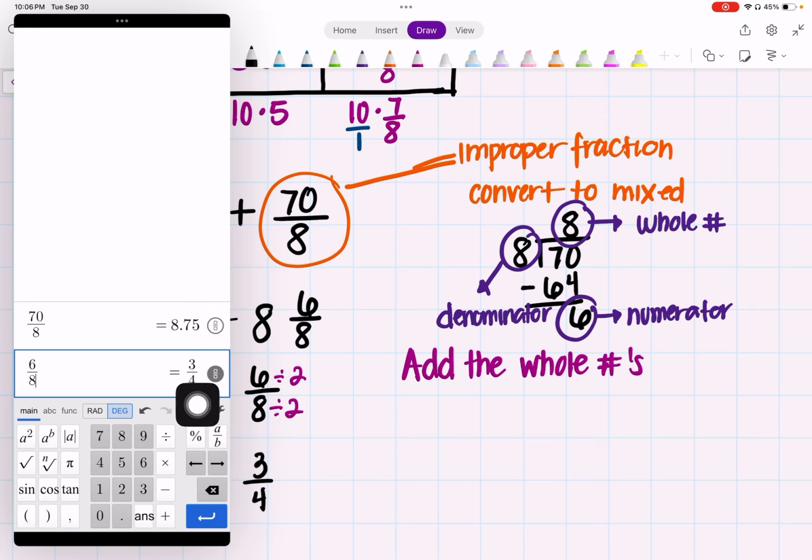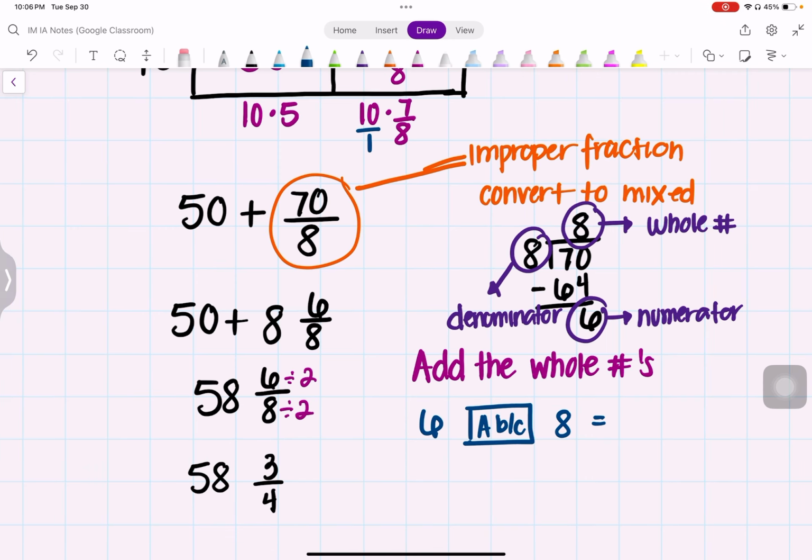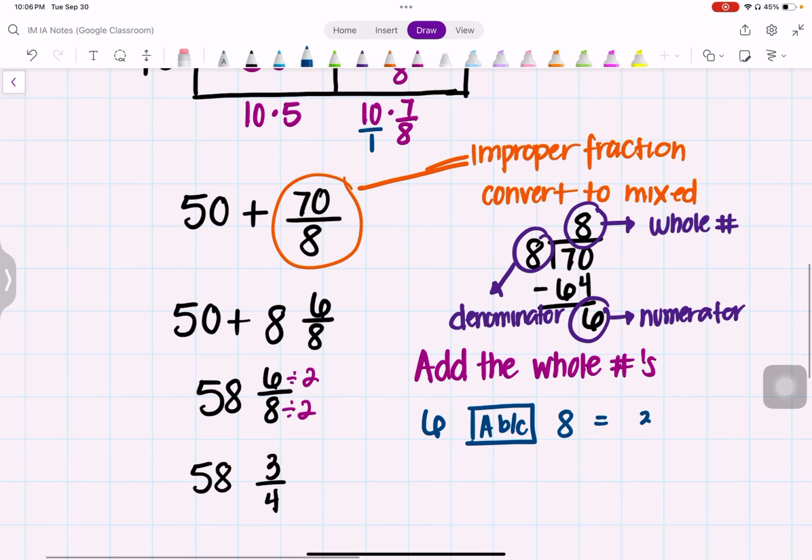On your end, in the calculator, just remember that we would have to type in 6, and then we click our ABC button, right? I believe it's an uppercase A. And then we click 8, and we press enter, right? It should actually be giving us the 3 over 4. All right, it's going to give you something like this on the calculator, 3 over 4. Okay, that is our solution.